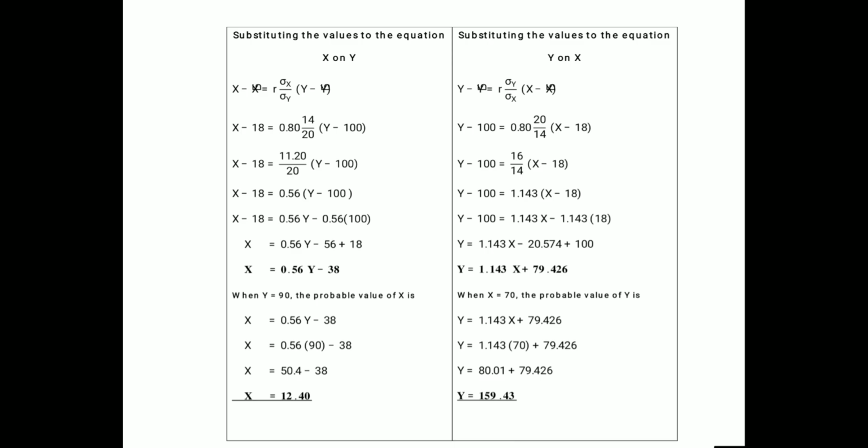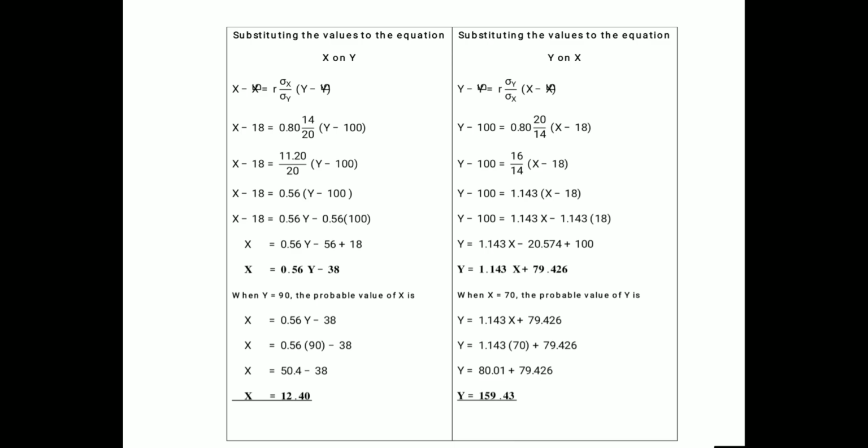When we solve this equation, x minus 18 is equal to 0.56 multiplied by y minus 100. Now we have to multiply this 0.56 to y and also to 100. I hope you know the mathematical procedure we follow: 0.56y minus 0.56 into minus 100, that is minus 0.56 into 100, which gives us 56.